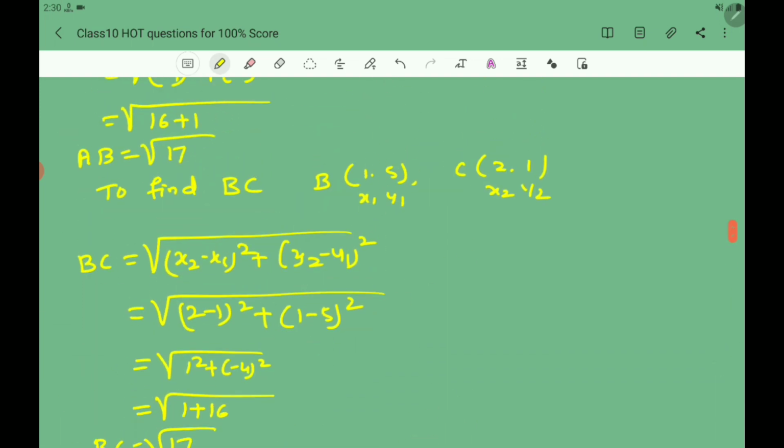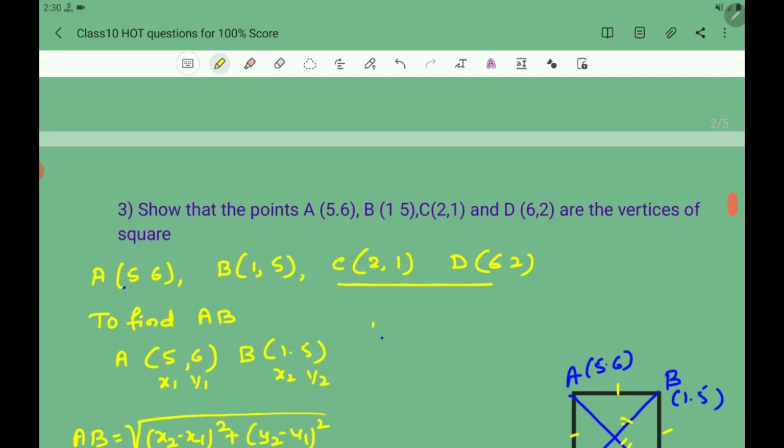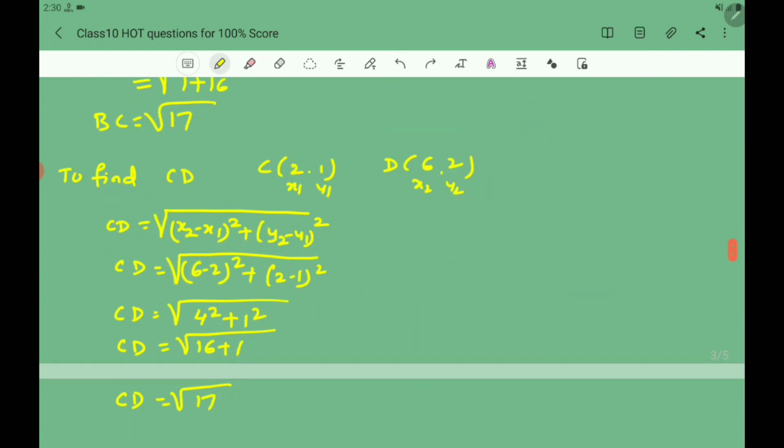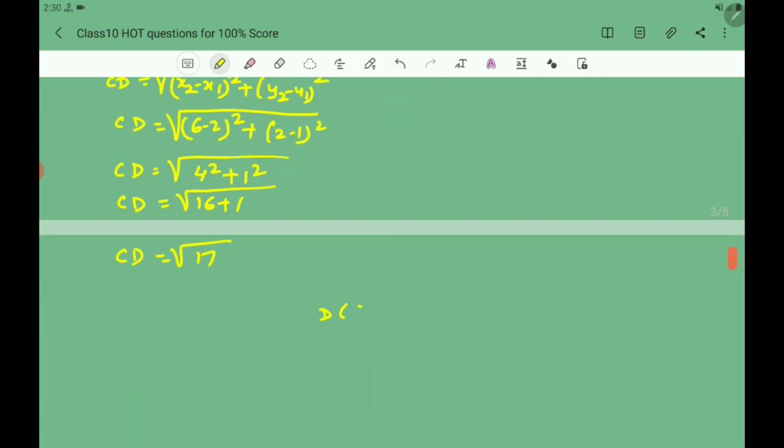Then you find DA or AD. To find DA, take D(6,2), A(5,6).